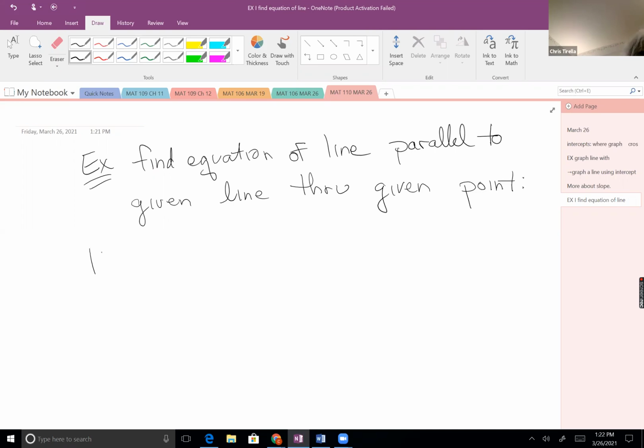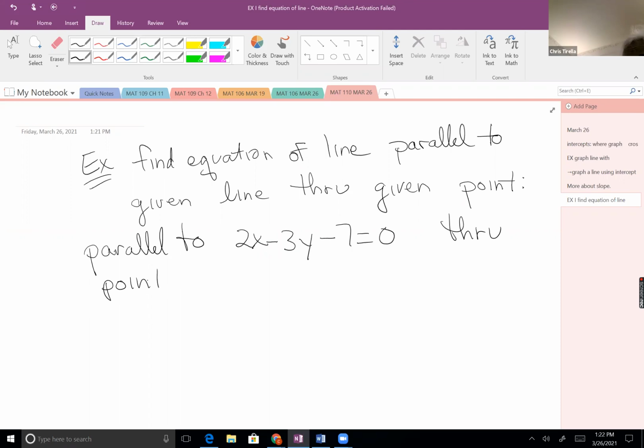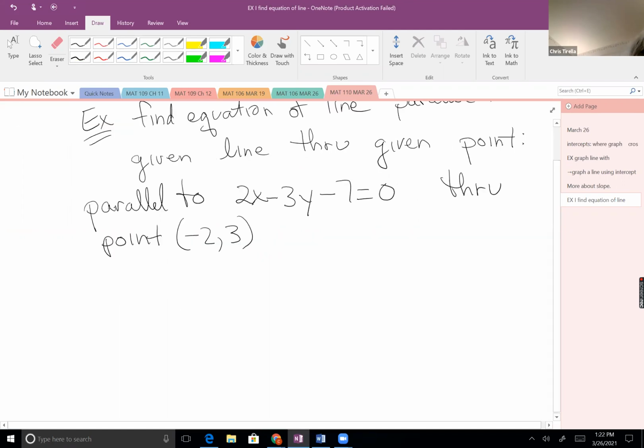And so let's try to find a line parallel to 2x minus 3y minus 7 equals 0 through the point. Let's say our point is -2, 3. And I want it two ways.